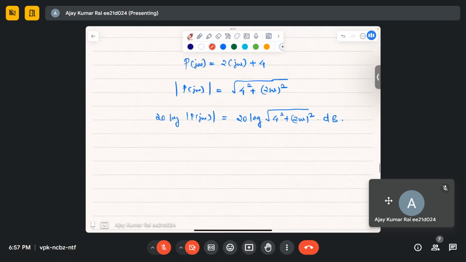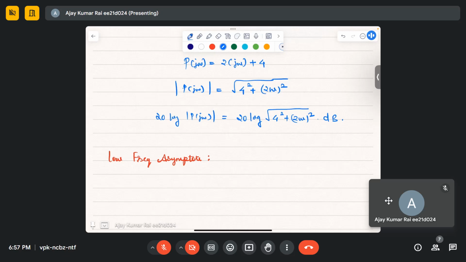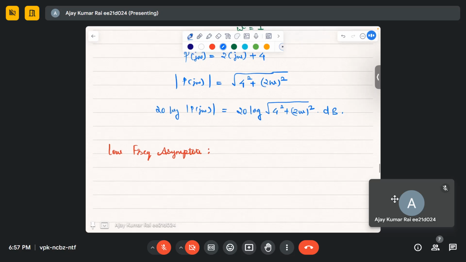Okay, so let's find the low frequency asymptote of the magnitude. Here omega is very close to 0, so we neglect 2 omega in comparison to 4. I'll write it as 4 square plus 0 square, since omega is close to 0.